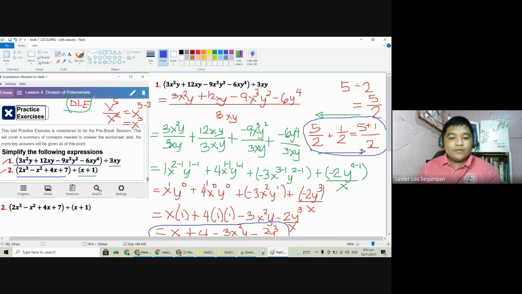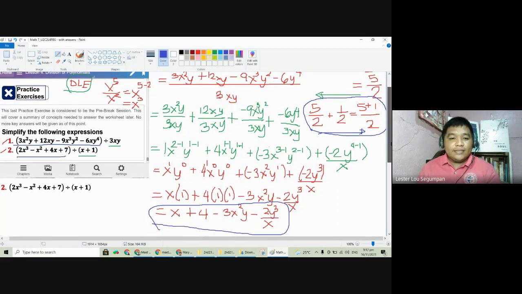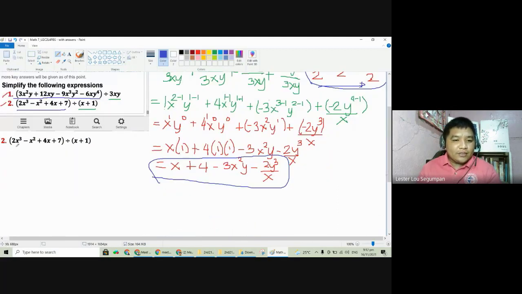We cannot use this process in number 2 since it's incorrect for us to say I will divide this by x plus 1, as well as this, as well as this, and as well as this expression. No, because you cannot further simplify it if you have a binomial expression in the denominator.